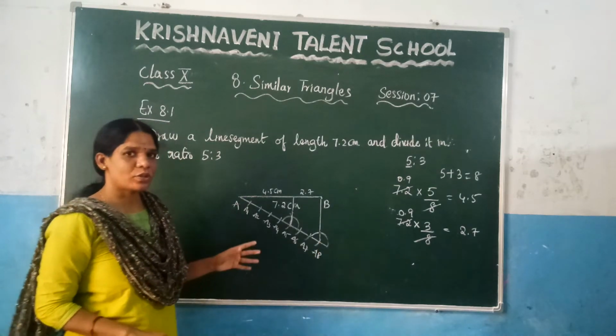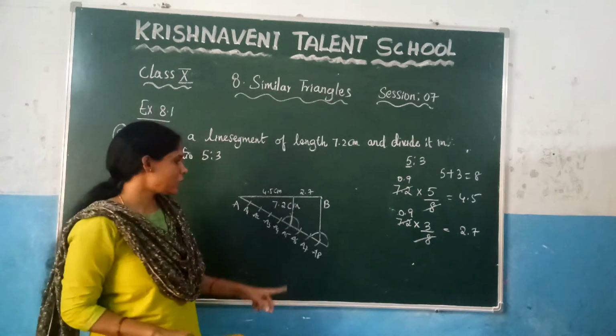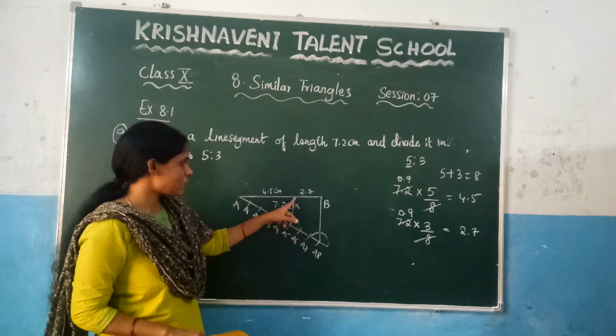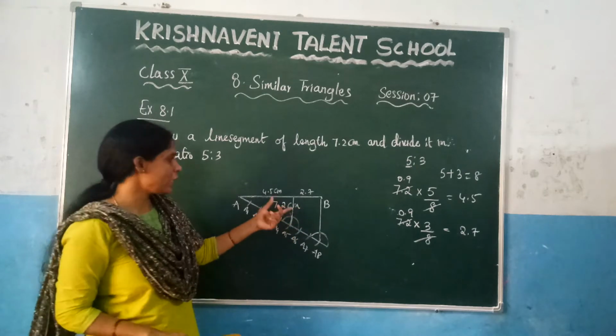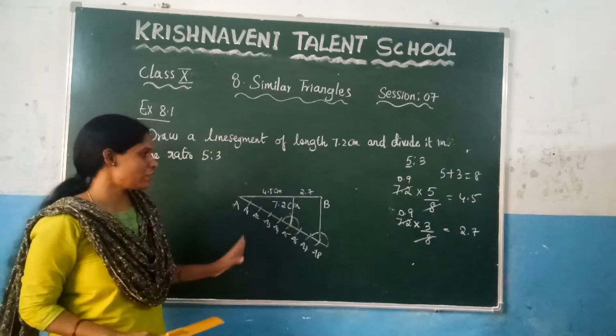After that you have to draw one line parallel to BA, so that it will intersect the given line segment at one point, and that point divides the given line segment in the ratio of 5:3. This one is very important.